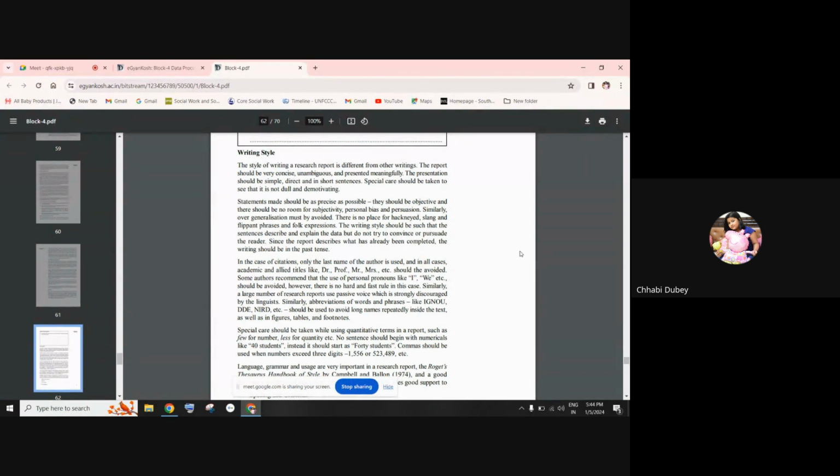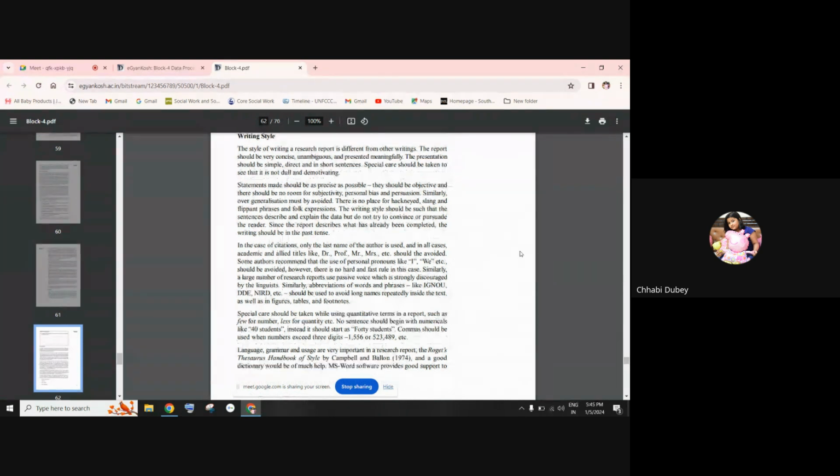Although there are some other styles also, like the Harvard citation style, and many other citation styles. And different organizations have accepted different citation styles. So you need to check with your organization the kind of citation style that they are using, and then you will be citing the authors accordingly.